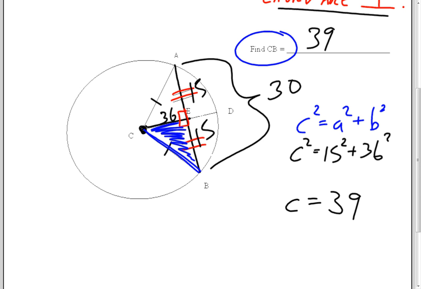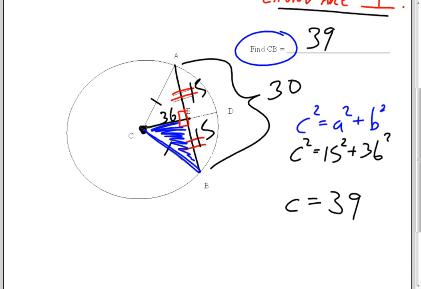Even though there's a lot going on in these drawings, you got to think about whether you're looking at chords, radii, tangents. It boils down to the rules that I wrote on the side board. First page of this circle basics were basically those three.